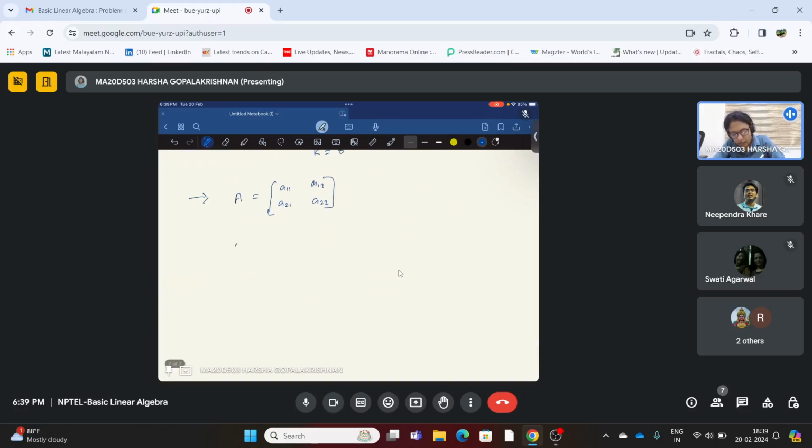Now I am writing the first matrix as A dash equal to, I am just multiplying the first row only: K A12, A21, A22. So what exactly is happening here is, okay, I think 3 by 3 will be better for understanding, because here it is just one calculation, the cross multiplication only. So it will be better for A13, A23.